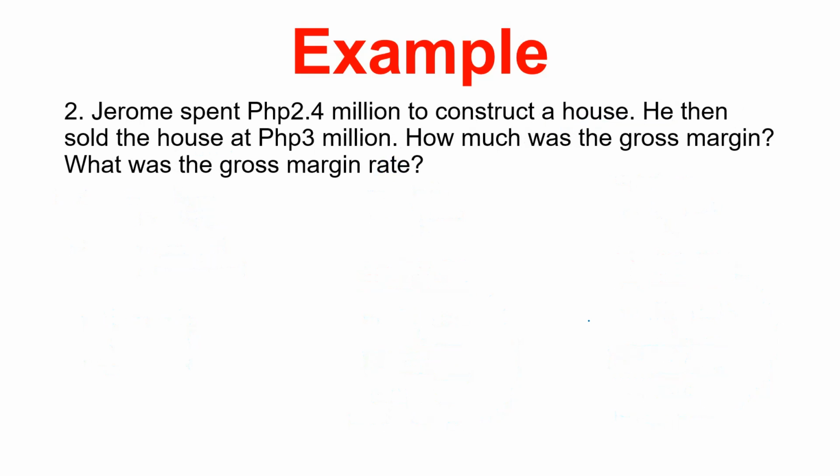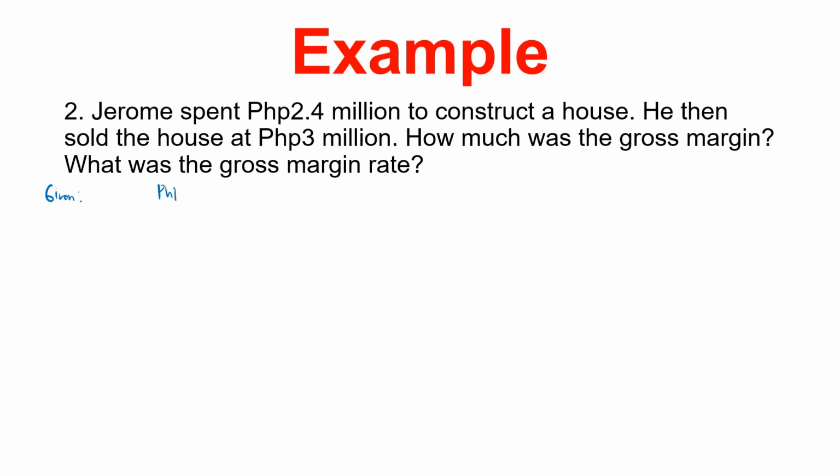Let's have number 2. Jerome spent 2.4 million to construct a house. He then sold the house for 3 million. How much was the gross margin and what was the gross margin rate? So list down your given.